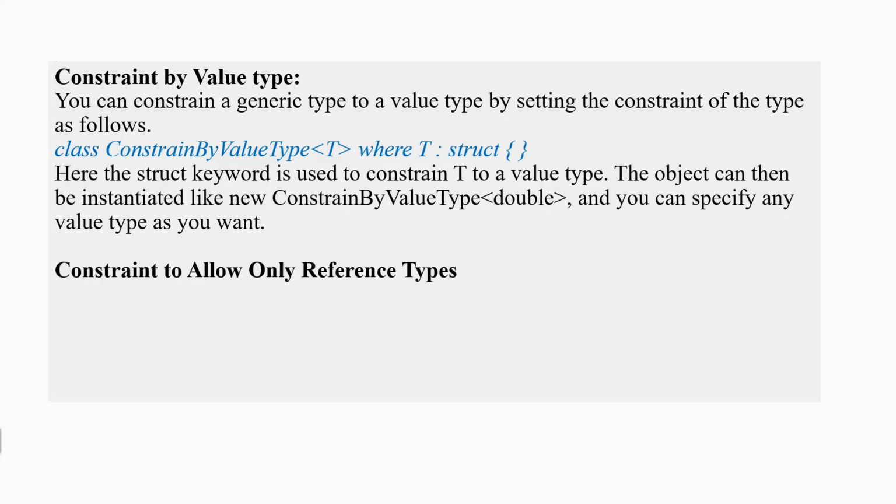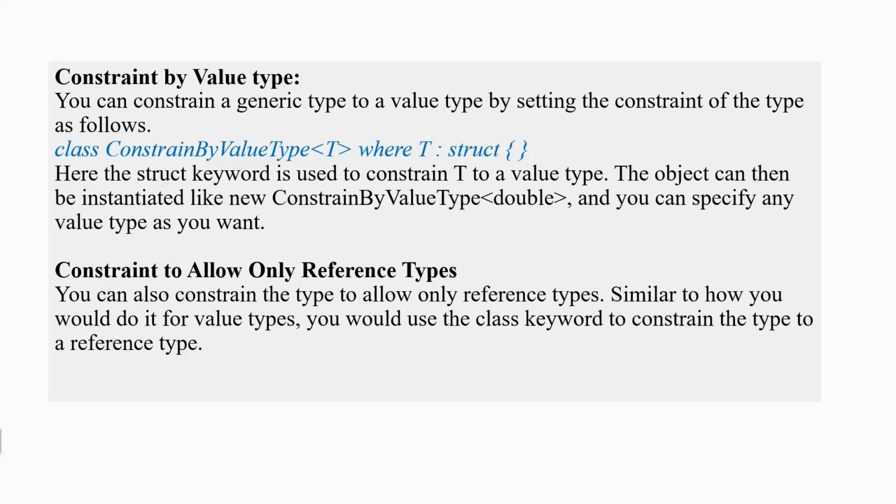Okay, constraint to allow only reference type. So what are reference types? Like any class is a reference type. So it is passed by reference, you can say, as opposed to a value type. So if you are not sure about what the value type and reference type are, it is sufficient to say that for a value type, a copy of the data is passed into the function, but the real value is still left intact.